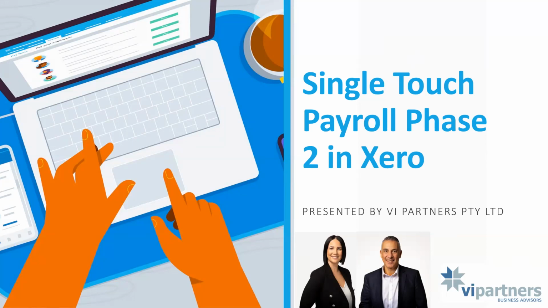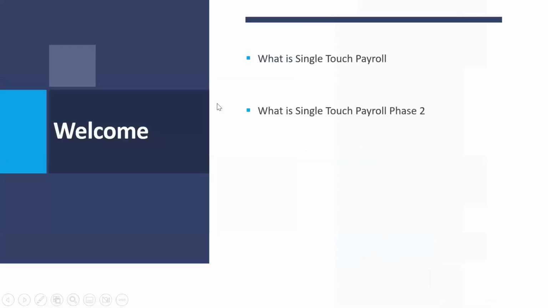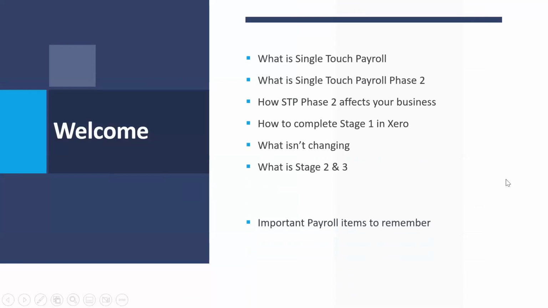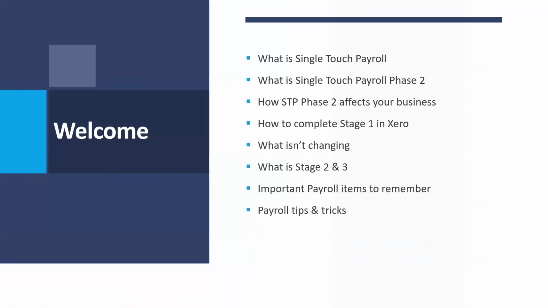We will also be providing you with a demonstration of how to complete Stage 1 in Xero, let you know what is and isn't changing with STP, give you a high-level overview of what to expect with STP Phase 2 and 3. We'll also give you a reminder of the important things to consider when dealing with payroll within your business, which is really important. And finally, some tips and tricks when using Xero payroll software.